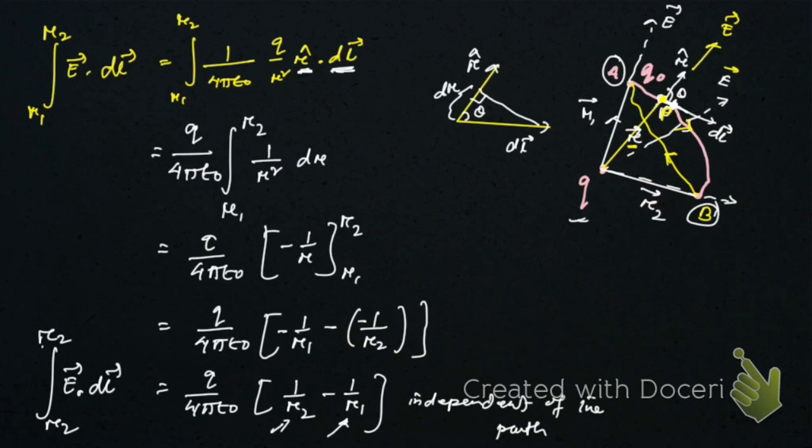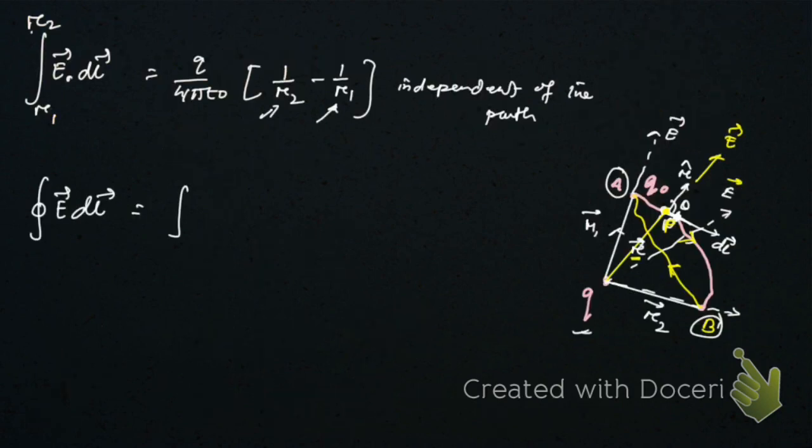On the previous slide also, this should be r1, so let me write here, this is r1, right? This closed line integral should be 0. That means the line integral along this closed curve from a to b, again from b to a, should be 0.